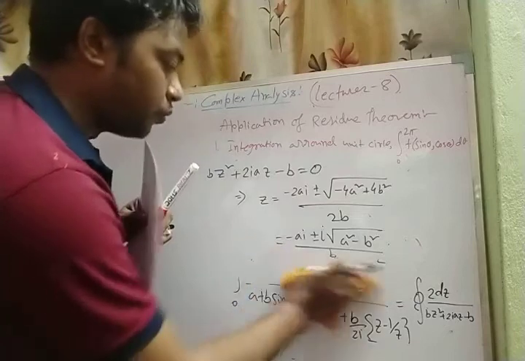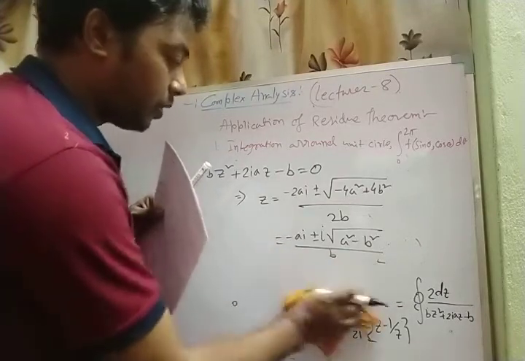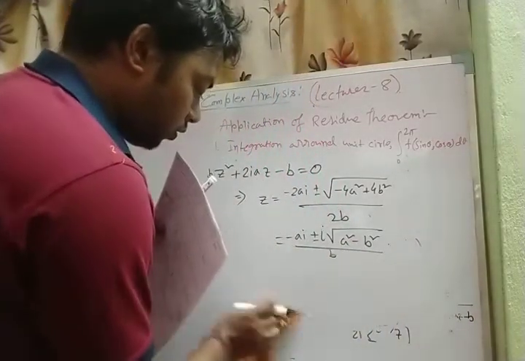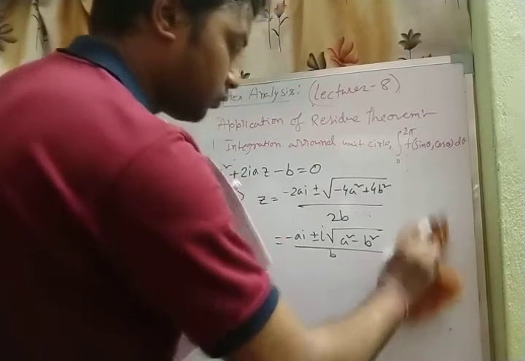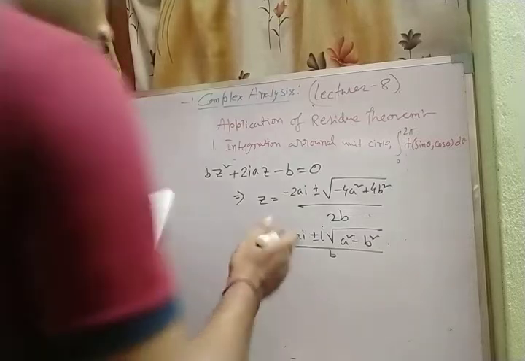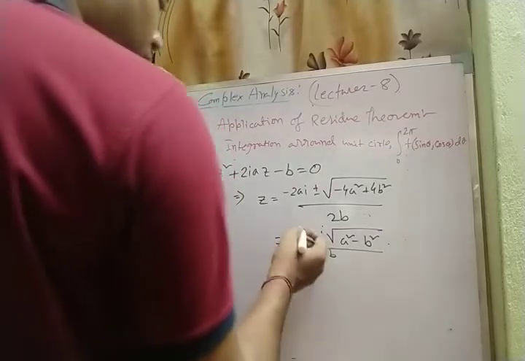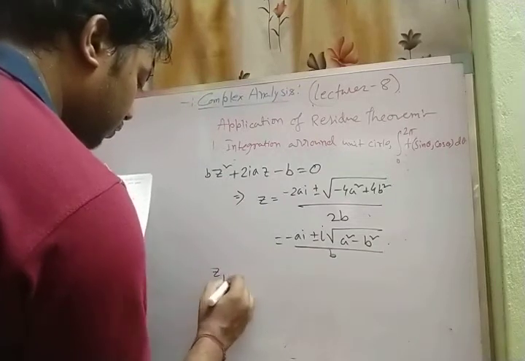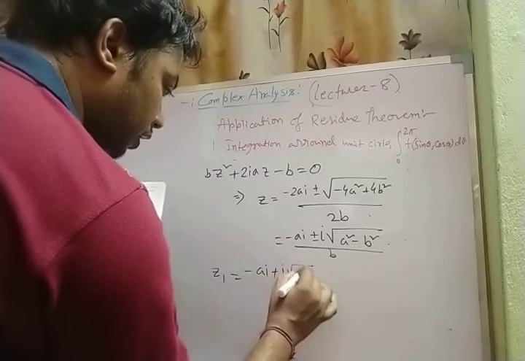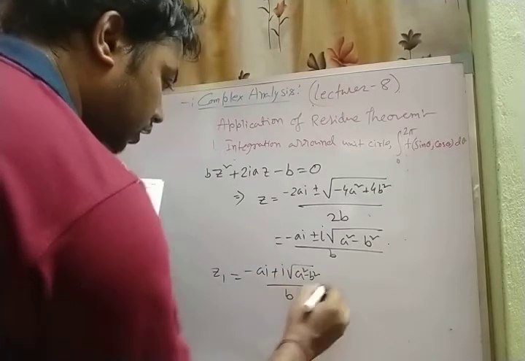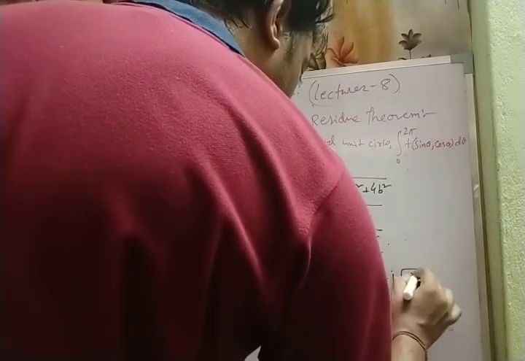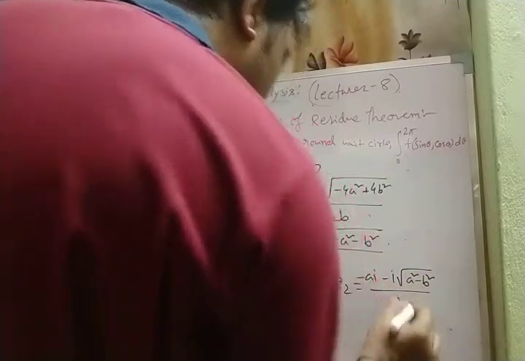So we are getting two poles, one is plus and another is minus. So I write down z1, that is minus ai plus i root over of a square minus b square by b, and the another is z2, that is minus ai minus i root over of a square minus b square by b.